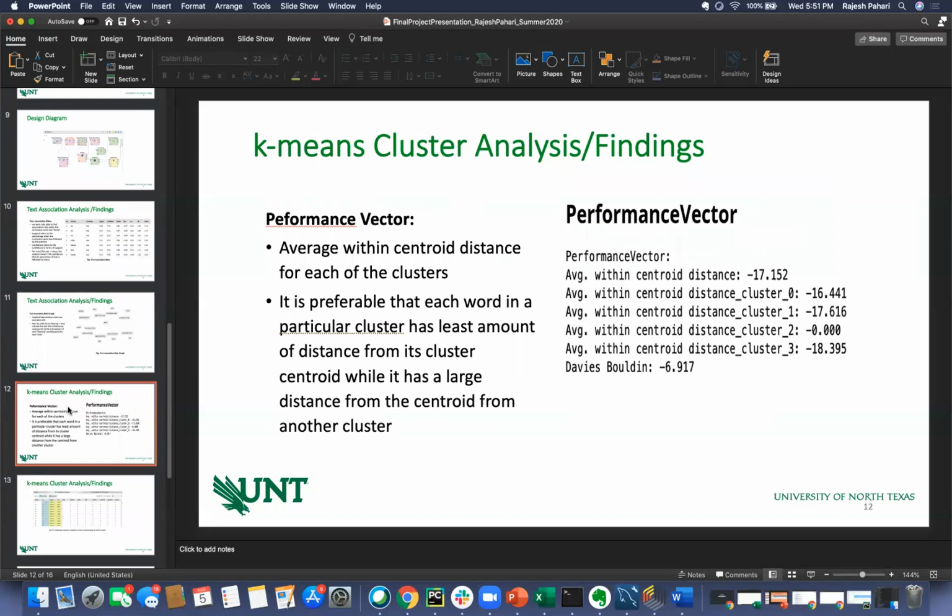Now let's talk about the K-means cluster analysis findings. One of the results is the performance vector that we can see over there. It shows the average within centroid distance for each of the clusters. It's preferable that each word in a particular cluster has the least amount of distance from its cluster centroid, while it has a large distance from the centroids of other clusters. So we can see over here the distances from the centroid.